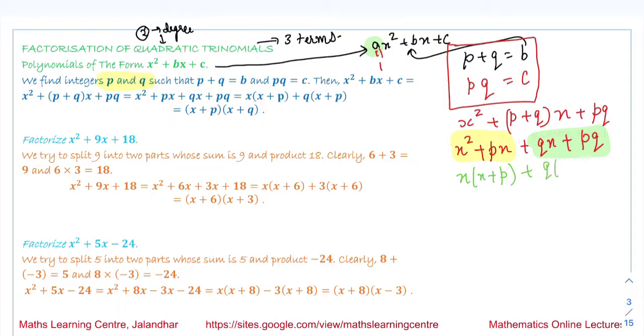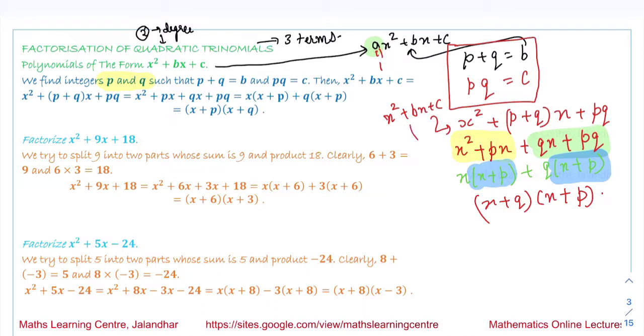We take p common and we are left with x plus q. Now we can take x plus q common. So the answer is x plus p into x plus q. We started with x square plus bx plus c, and we have obtained the form x plus p into x plus q.